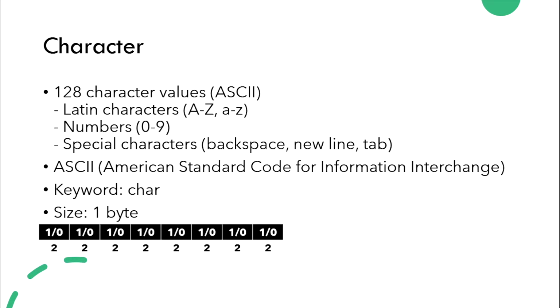And a character is stored in 1 byte as shown in the figure below. So it can hold a total of 2 to the 8, which is 256 different values. But because we need only 128 of these values, each of these 128 values, which are 0 through 127, is assigned a character type.